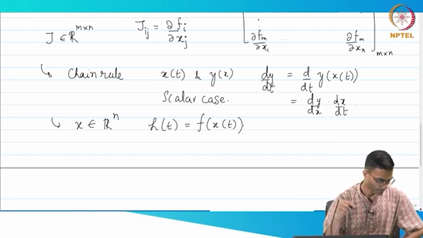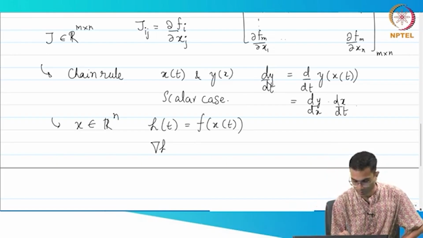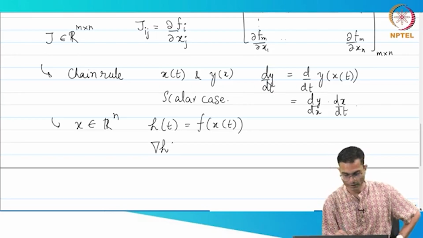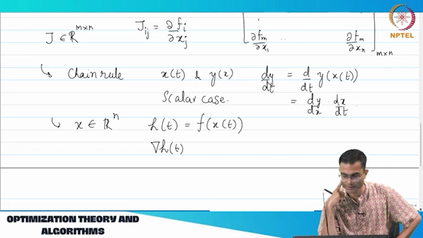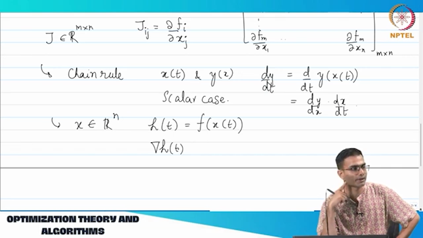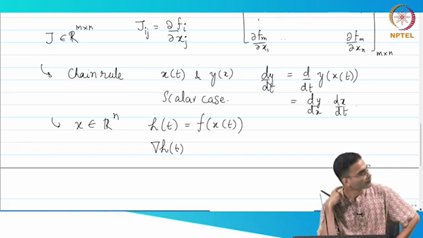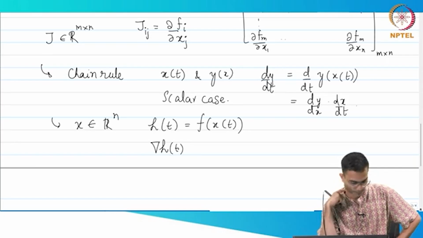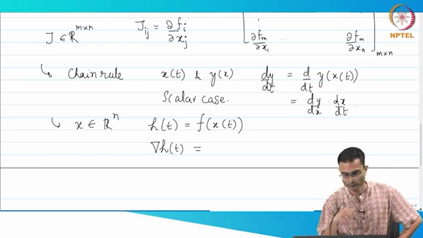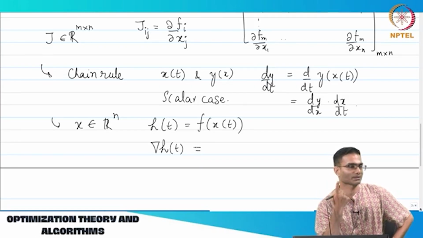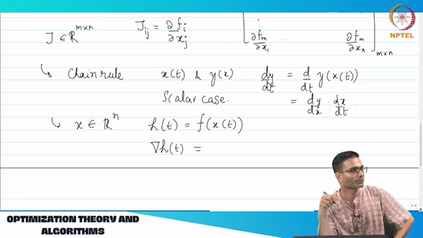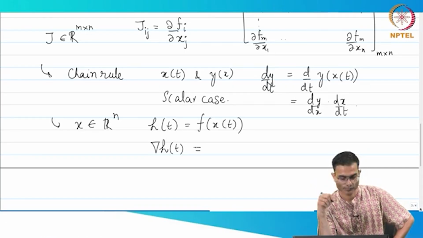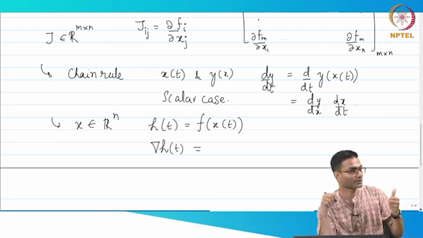And now I want grad h of t. So, how would I generalize this simple definition that I had? You don't have just one x anymore, you have x1, x2 up to xn. So, how would you generalize this chain rule? So, f depends on x1, x2, all of these guys, right? So, how would I generalize it?